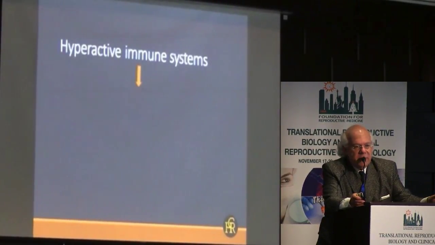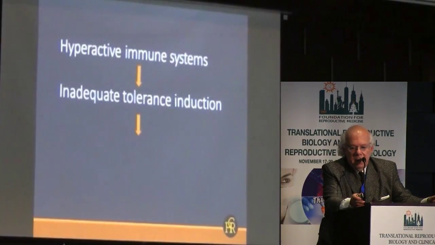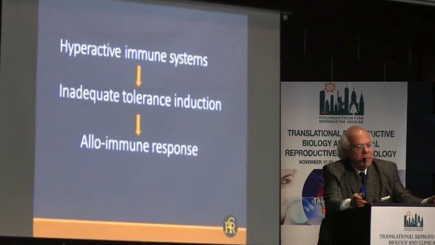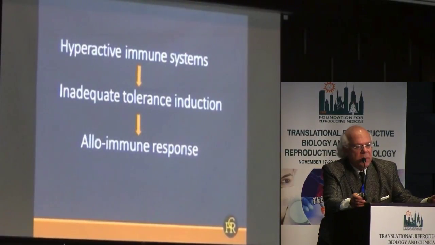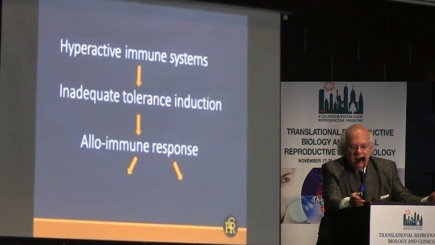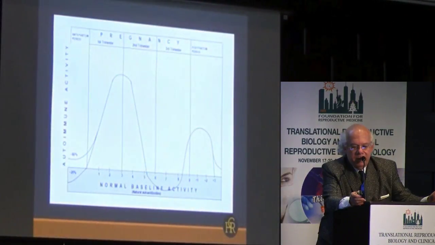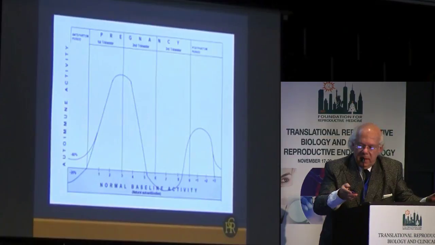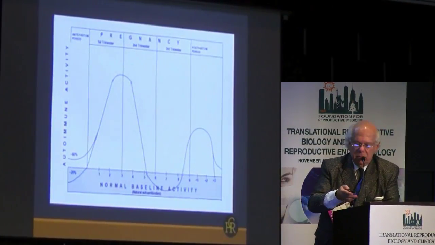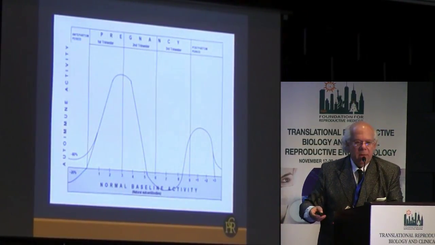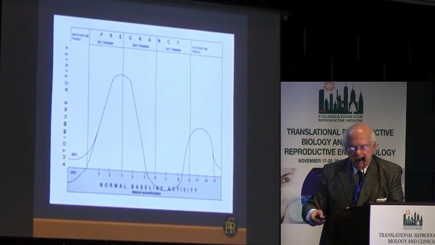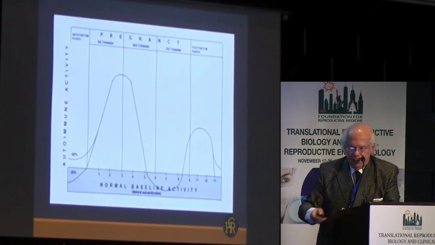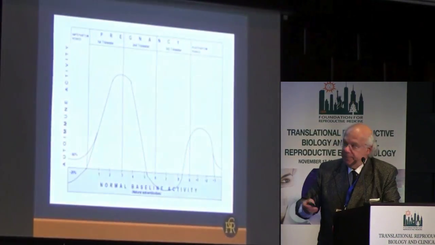We are obviously trying to calm down the hyperactive immune system in order to prevent the alloimmune response. And this is an old slide that I have used through many, many years ago when we followed patients with known autoimmune findings. Oops, I'm sorry.